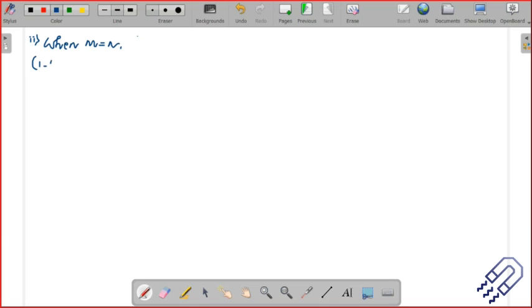Here we'll write it down as 1 minus 2xz plus z square whole thing to the power minus half is equal to the summation of z to the power n Pn x. This is the n term.